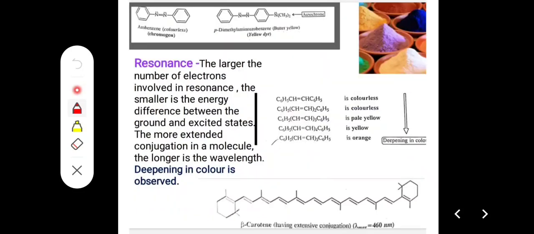Now we consider azobenzene, that is colorless, that is a chromogen. Which has NMe2 twice, that is oxochrome NMe2 twice, that increases the lone pair, and this lone pair should be delocalized.